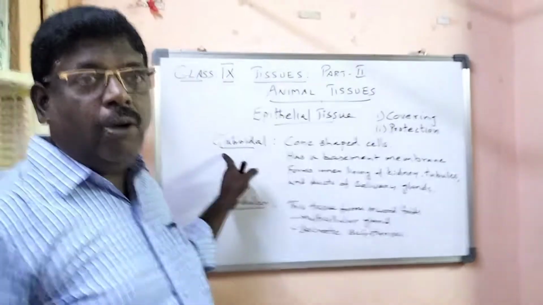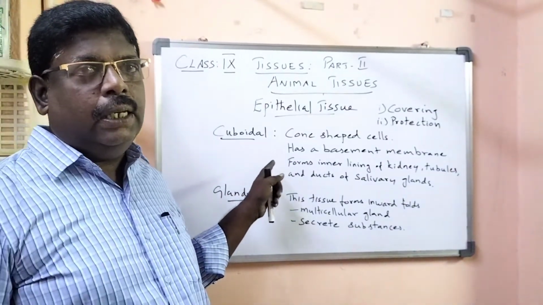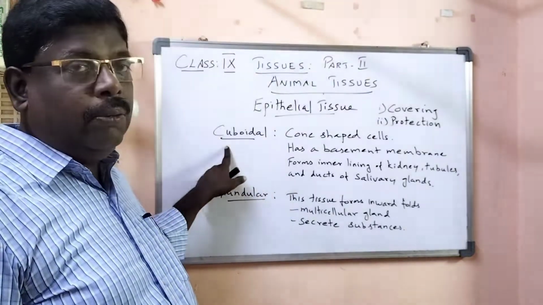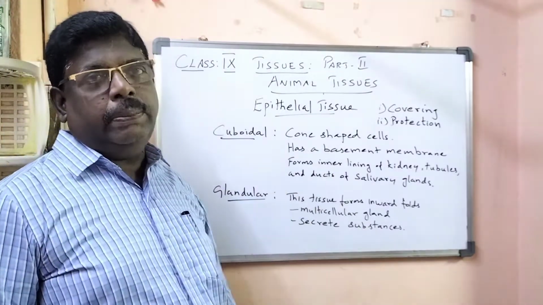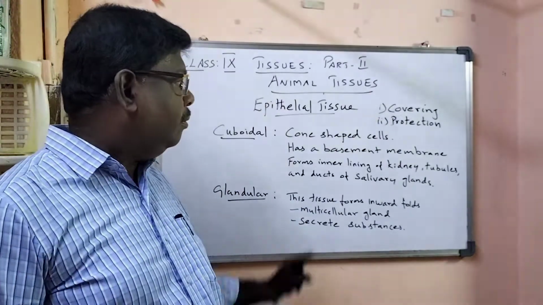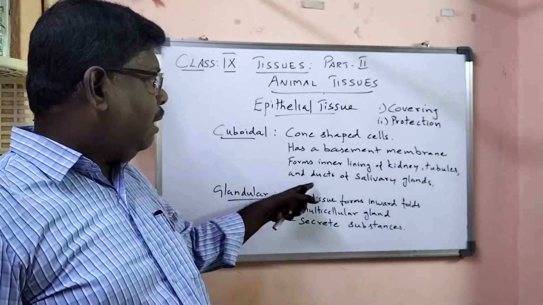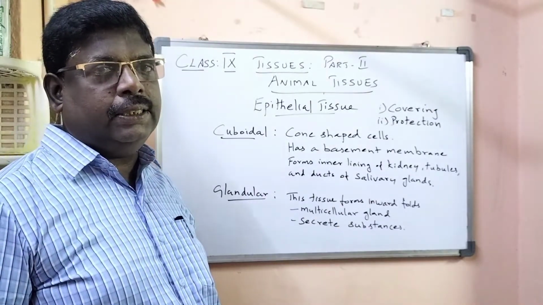Next one is cuboidal. We saw squamous and columnar, and now the third one is cuboidal. They are cube-shaped cells. They have a basement membrane. Almost all epithelial tissue will have a basement membrane. They form the inner lining of kidney tubules and the ducts of salivary glands.